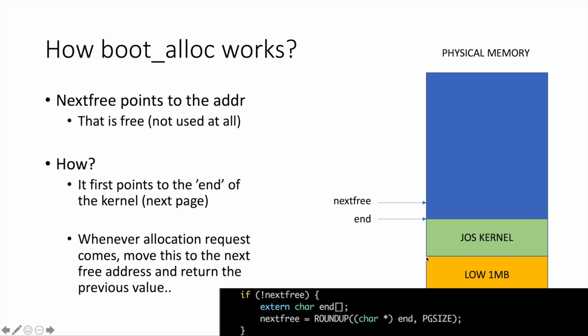So after our bootloader loads the kernel, because end points to the end of the kernel, we can safely assume that all the physical memory above the address of end will be free. So we set nextfree by rounding up the address of end in page granularity, because we need to allocate the memory page by page.